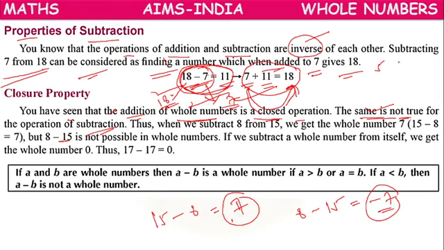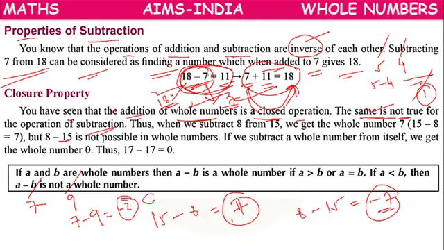If you have numbers 5 and 4, 5 is a whole number, 4 is a whole number. 5 minus 4 equals 1, which is also a whole number. But if we take the numbers 7 and 9, 7 is a whole number, 9 is a whole number, 7 minus 9 equals minus 2.